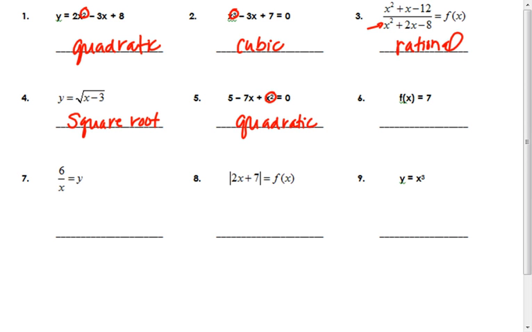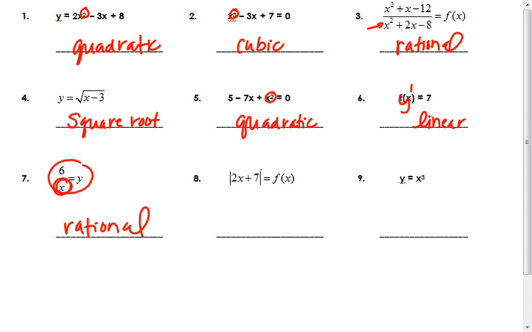Number 6, the f of x you know is just like a y, and if you see that, that has a degree of 1 on the y, so the highest degree you'll see is 1, and so this is linear. This does happen to be the equation for a horizontal line, but that's okay. Number 7 has a fraction, and it does have a variable in the denominator, so it is rational.